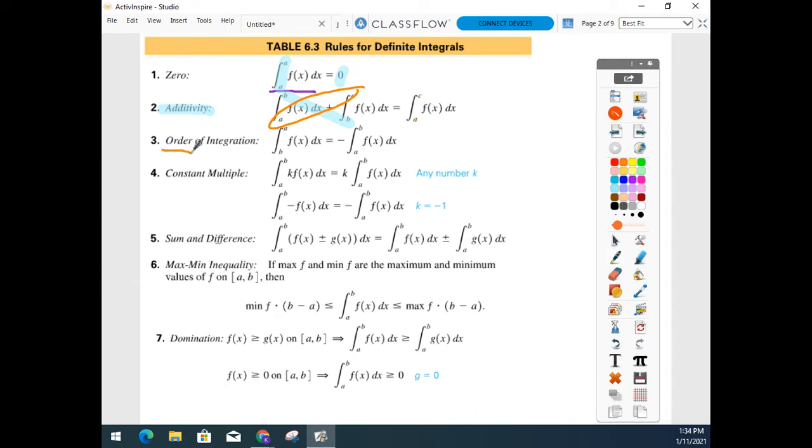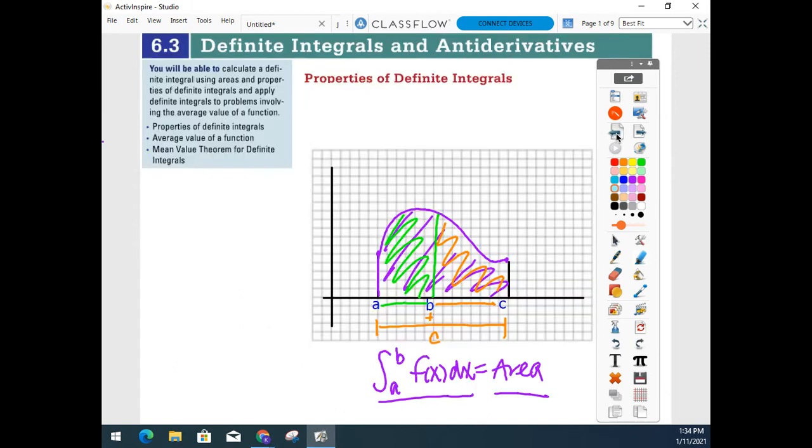Number 3 has to do with order. If I consider that B is on the bottom and A is on the top, if we flip the order to A being on the bottom and B being on the top, these are just the opposite of each other. So let's come back to this.